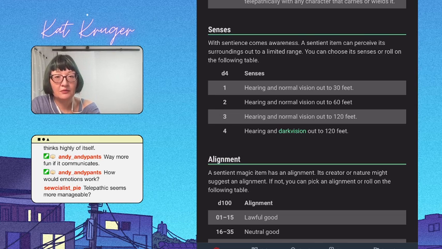So let me just take a quick look at our monsters here. I'm going to take a look at the naga and the snake. I think it's blindsight. I'll look at a spirit naga. So a spirit naga has darkvision out to 60 feet, which I think is probably what we want to do.